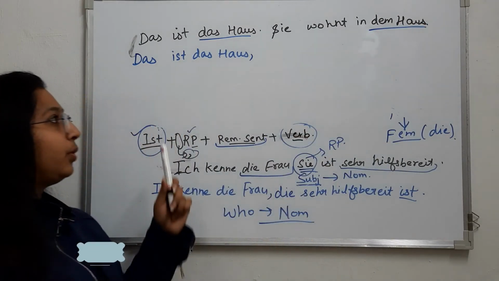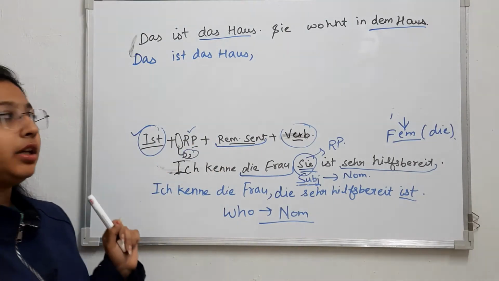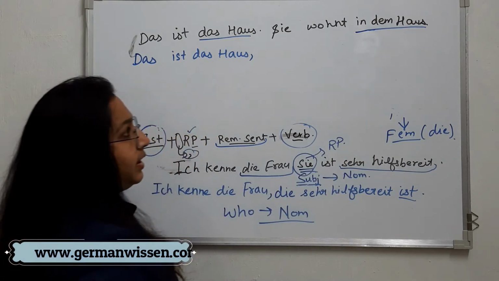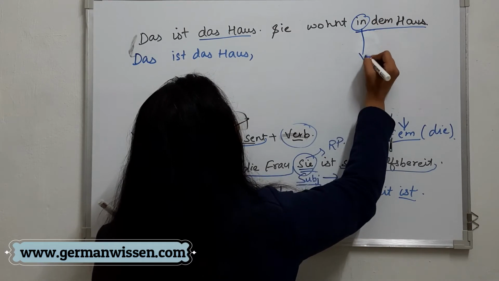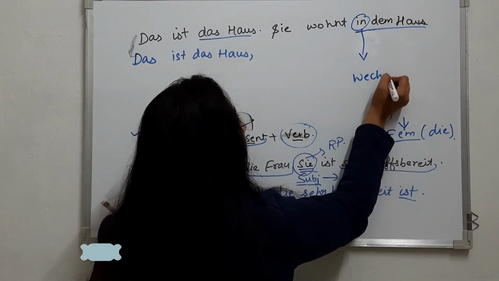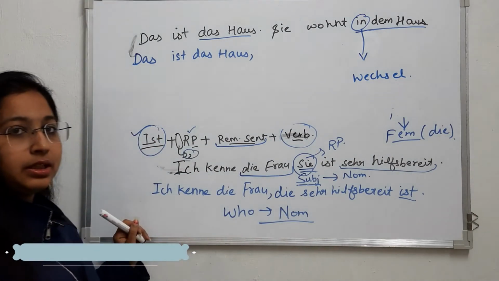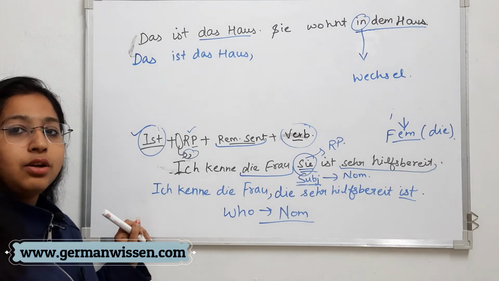Now before going to the relative pronomen, let me clarify this thing: we are writing here in dem Haus, because in is a Wechsel preposition. Technically, it should be das Haus, because we are saying she lives in the house. So, das Haus should come.